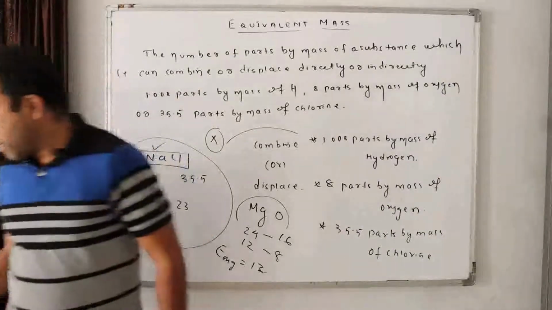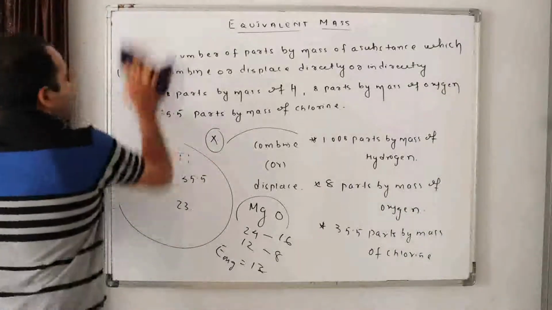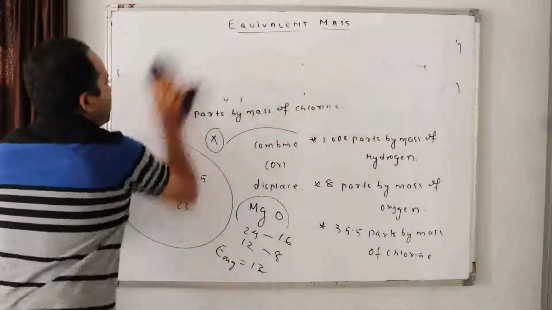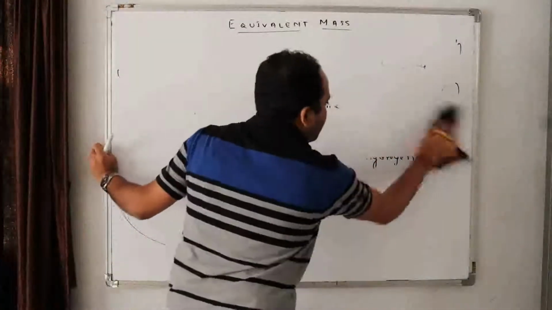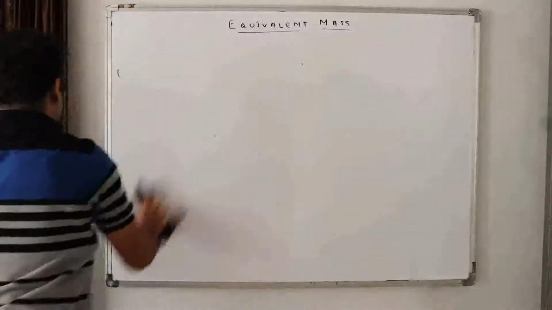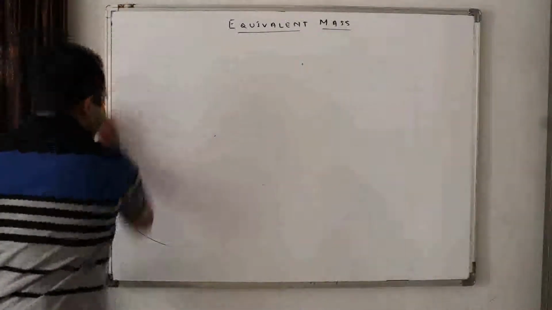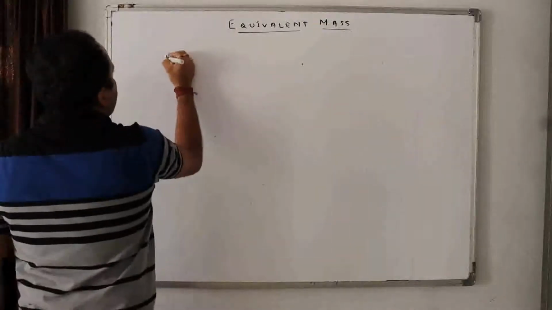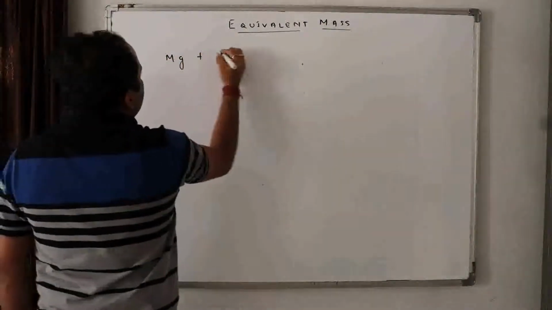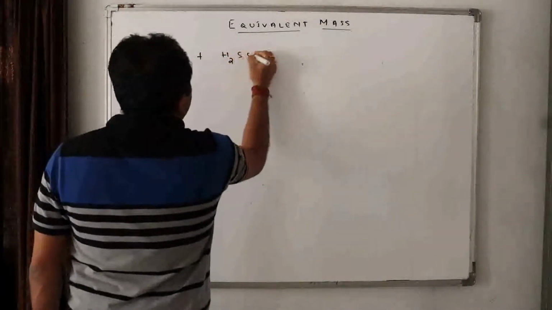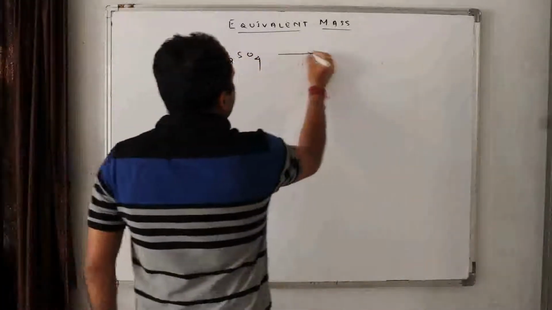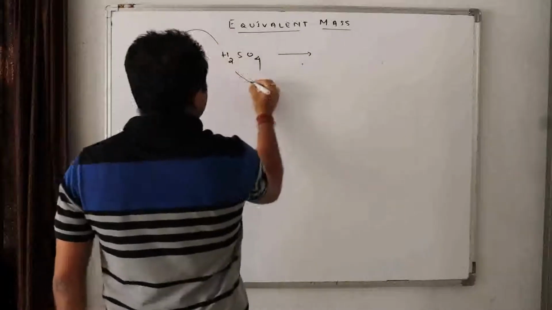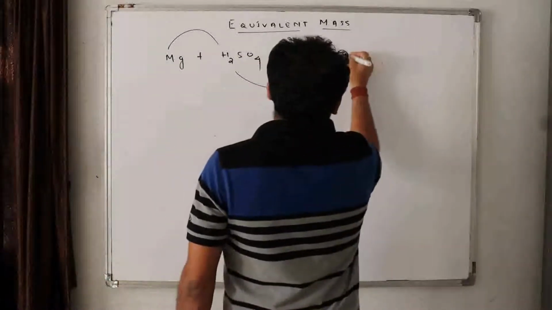Are you getting me? One more example. Look here. If I write magnesium plus H2SO4, magnesium reacting with sulfuric acid, and here magnesium displaces hydrogen, what will I get?